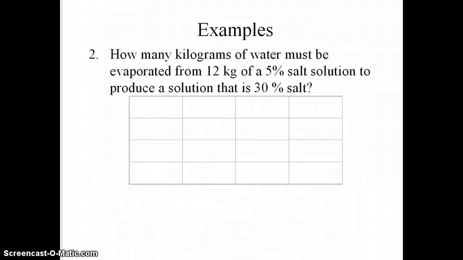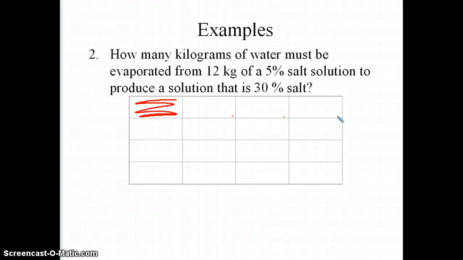Moving on to example number 2. How many kilograms of water must be evaporated from 12 kilograms of a 5% salt solution to produce a solution that is 30% salt? Once again, we'll begin by blocking out that first block of our chart. We will not be using that. And just like the last one, we have 3 columns across the top, which I will label.